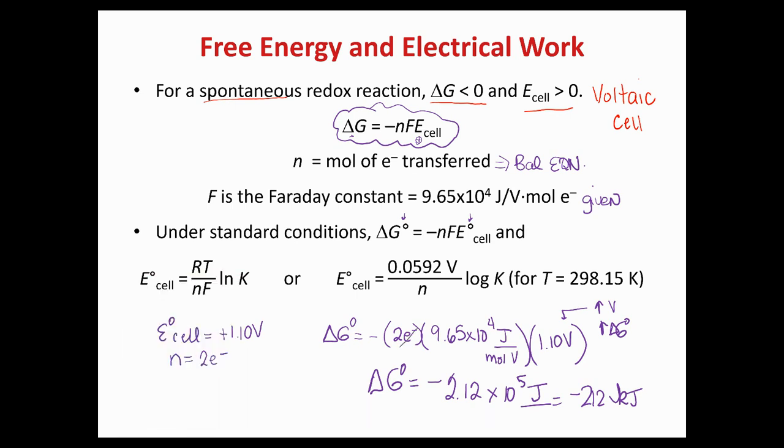The moles of electrons cancel, the volts cancel, so it would just be joules, and then we can convert to kilojoules. Hopefully I did that right while I was talking. So the greater the voltage of an electrochemical cell, the more free energy you're going to give off to do work.